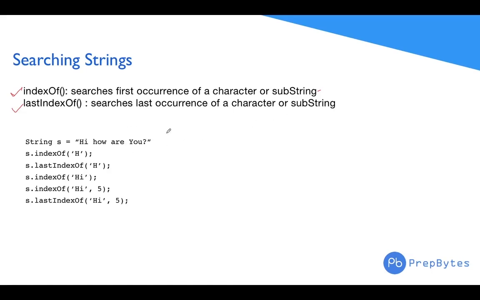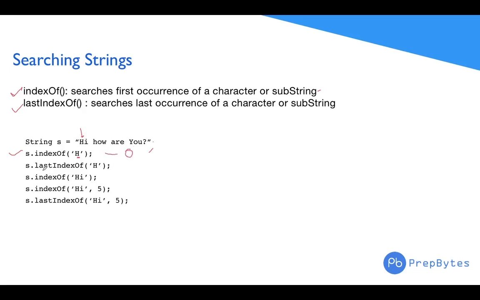Let's say I have a string s which says "hi, how are you?" If I do s.indexOf(h), recall that indexOf searches the first occurrence of a character or substring. The first occurrence of h happens at 0, so if we print this, we get 0.